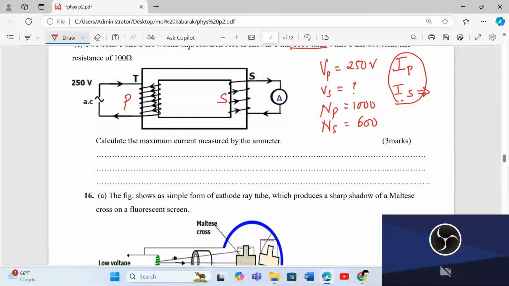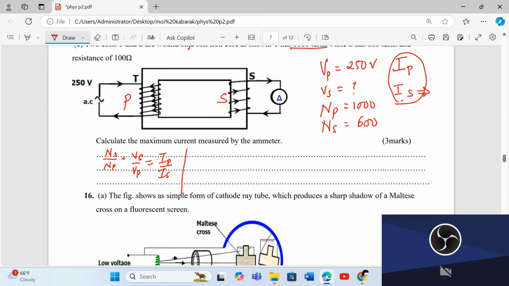We can go through this simple method where we can say the number of turns in secondary over the number of turns in primary is given by the voltage in secondary over the voltage in primary. It's also equivalent to current in primary over current in secondary.